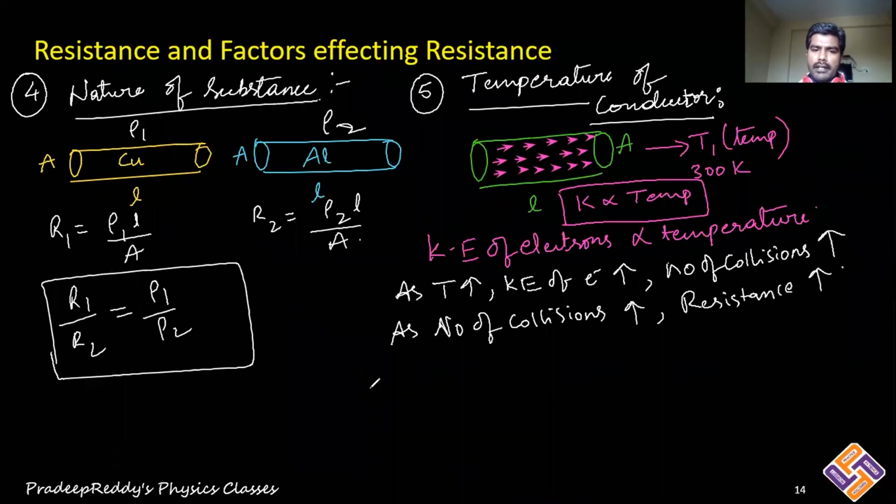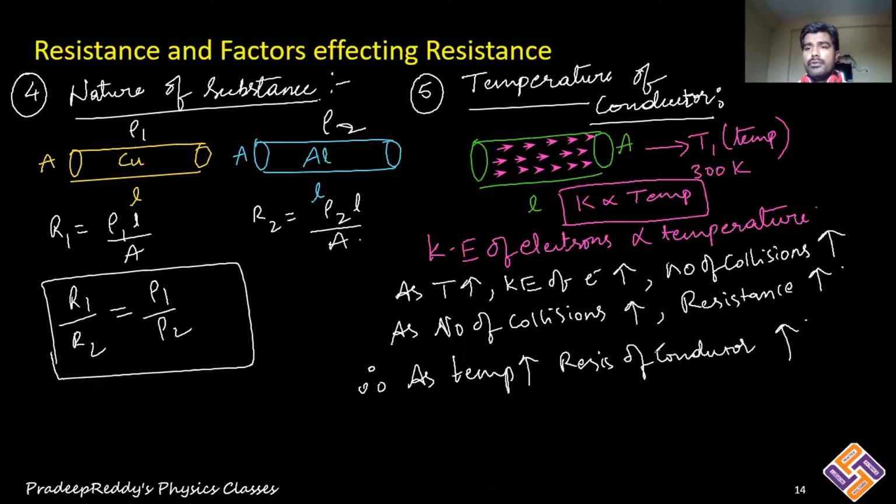Therefore, clearly you can write, as temperature increases, resistance of conductor increases. Okay, and you should not write it as directly proportional. Resistance of the conductor will obviously increase. That depends upon resistivity. So how resistivity changes with temperature, based on that factor you will be writing resistance.